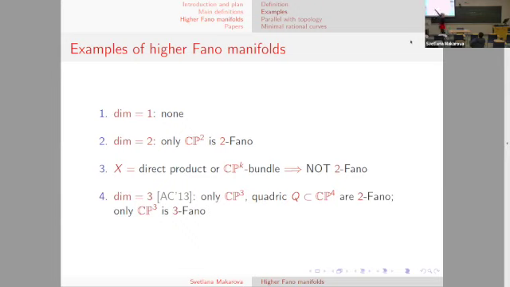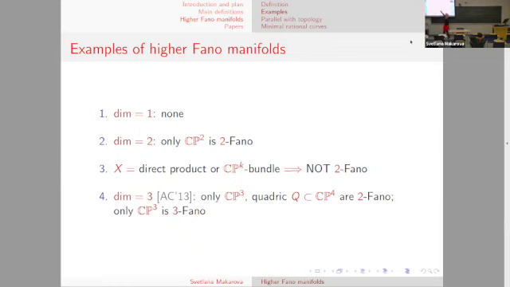And using this fact and the list that I showed you online, Carolina and Anna Maria provided a classification of 2-Fano manifolds of dimension 3. Dimension 3 manifolds are often called threefolds.